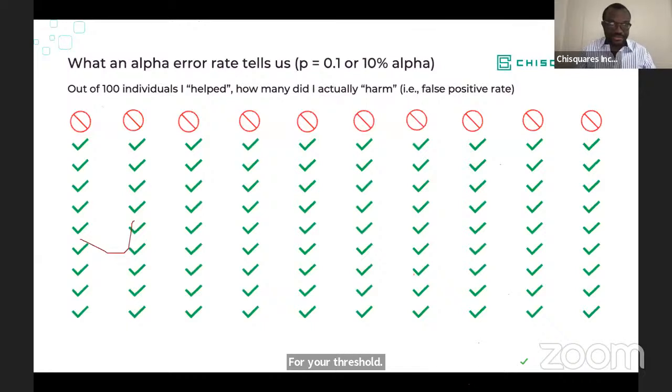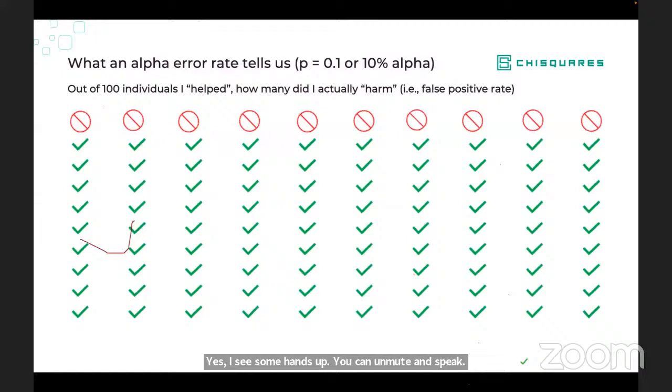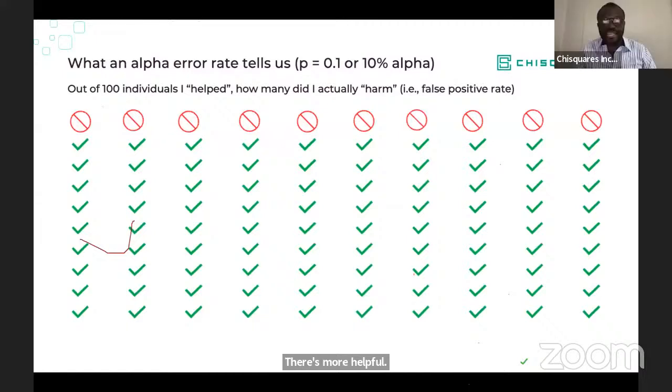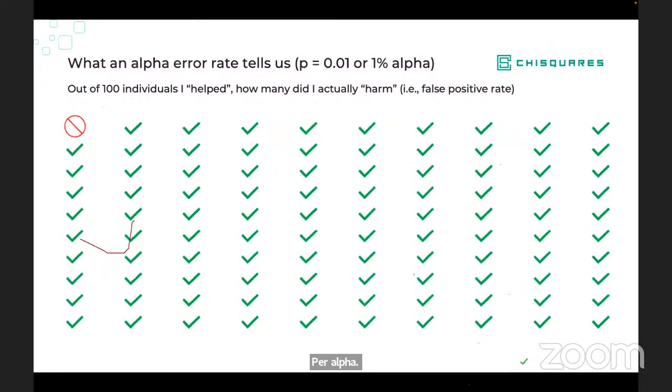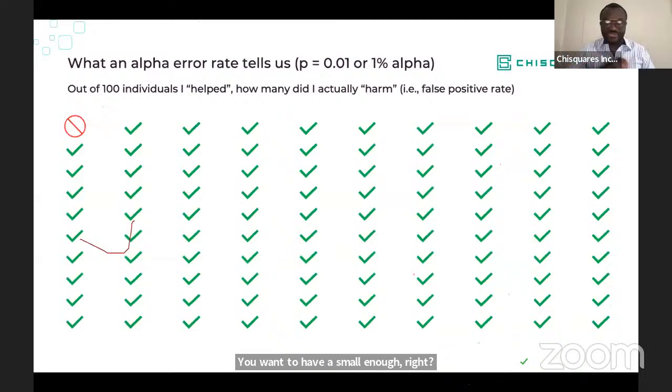You can unmute and speak. Very small. Very small alpha. Exactly. So if it's a life and death matter, obviously you want to have it as small as possible, so that the risk of harming people is very low.